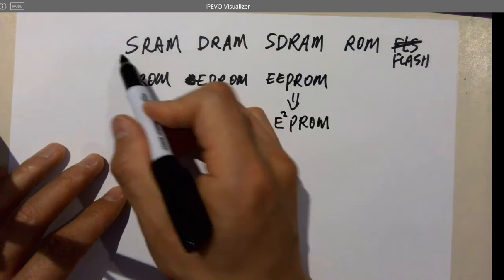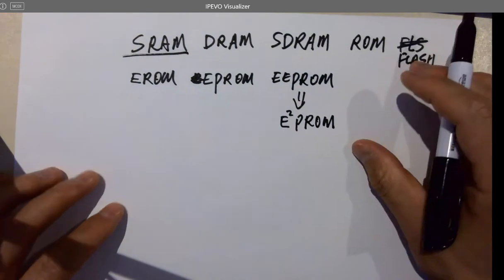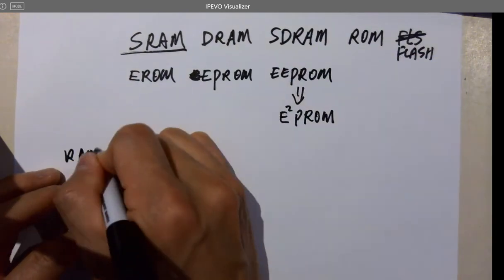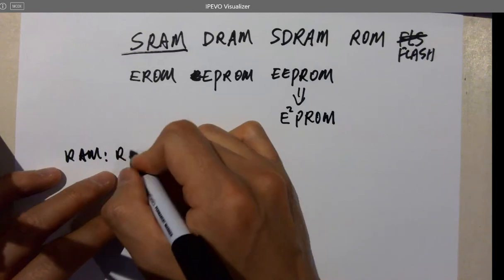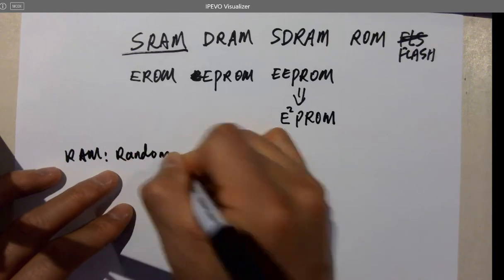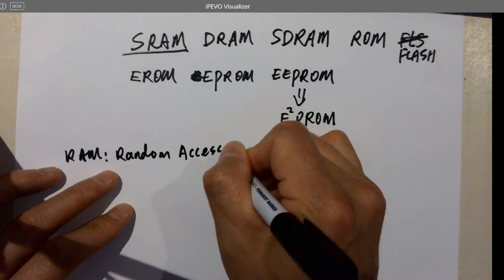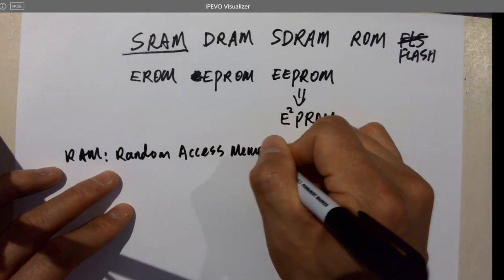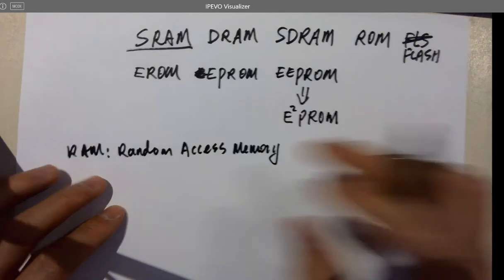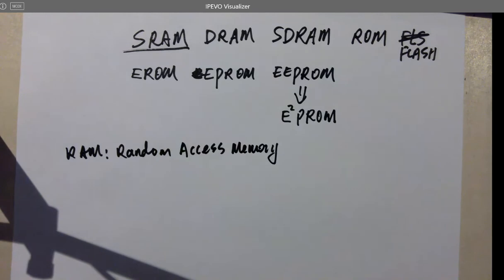So what is SRAM? So what is RAM? Random access memory. So we'll learn how to build it in FPGA in the next semester.